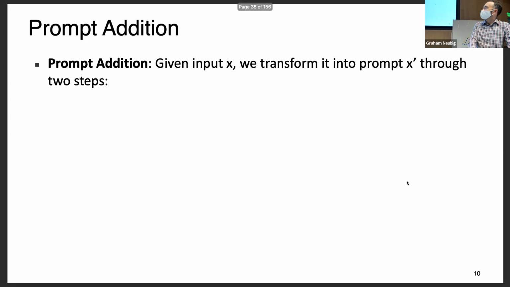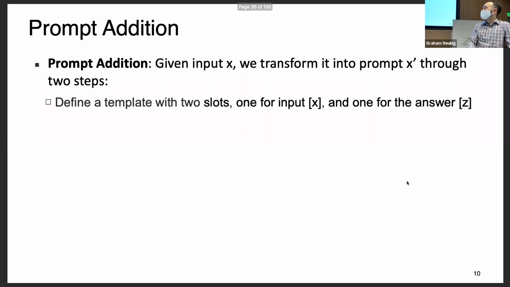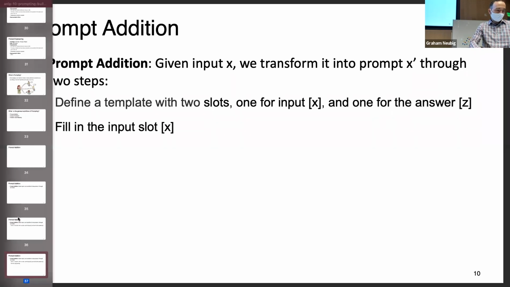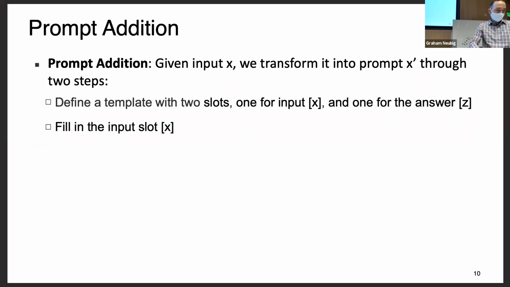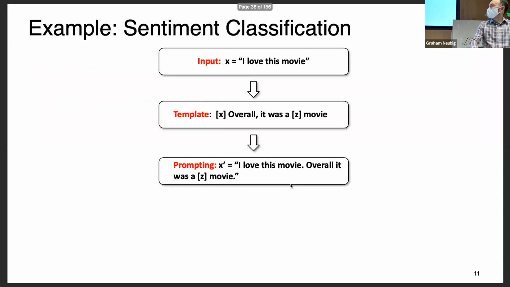So prompt addition: given an input X, we transform it into a prompt X prime through 2 steps. First, we define a template with 2 slots, one for the input X and one for the answer Z. We fill in the input slot X, and given this, we generate a prompt that we will then ask the model to fill in.